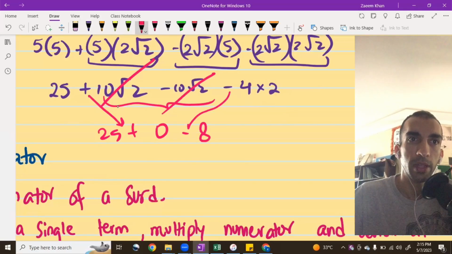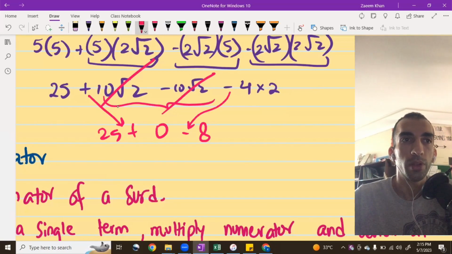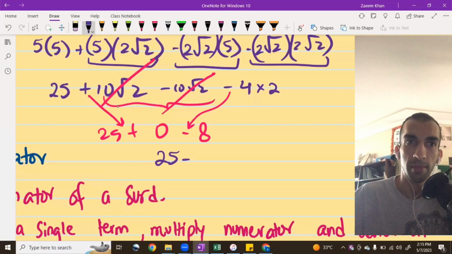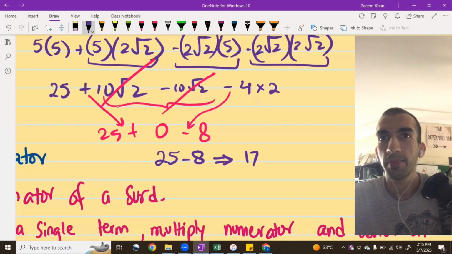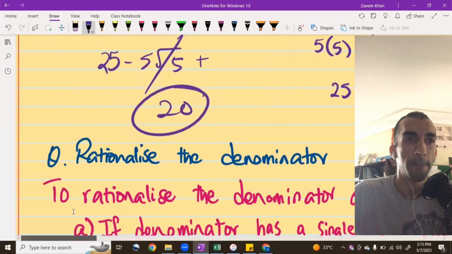Since there was a negative sign, remember, do not forget that. Add 25 to 0 and then take away 8. What are you left with? 17. Does that make sense?